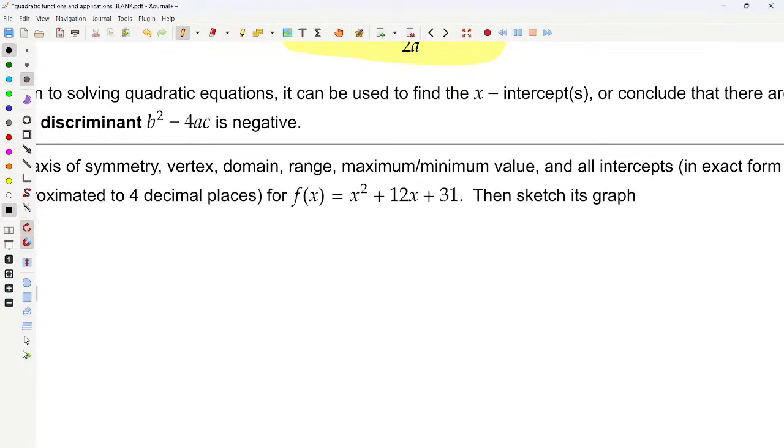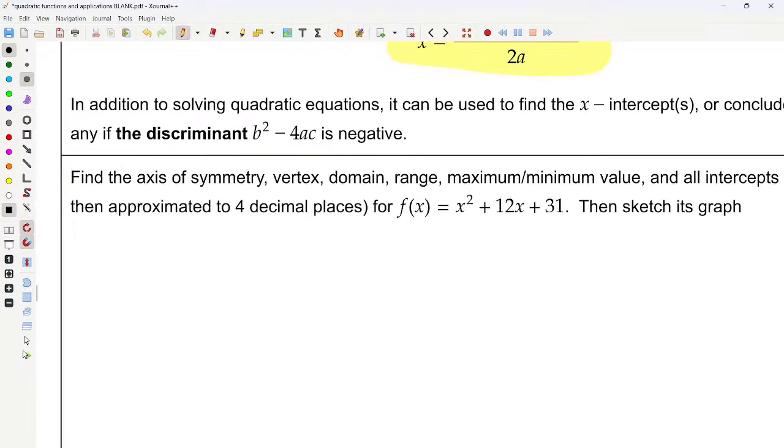Give the intercepts in both exact form and decimal form to 4 places. And then finally, we will sketch its graph. So just giving you a minute to copy this all down. I see the pencils moving furiously.